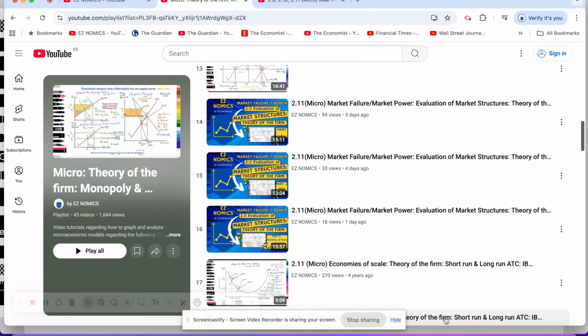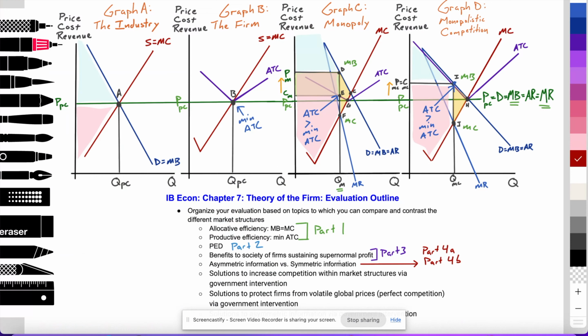And what are we covering exactly in this series? We can see it right here. In part 1, we looked at allocative and productive efficiency and the differences between these market structures. This is the workings over here at the top, where we were highlighting some of these differences in graph A and graph B for perfect competition, in the firm.